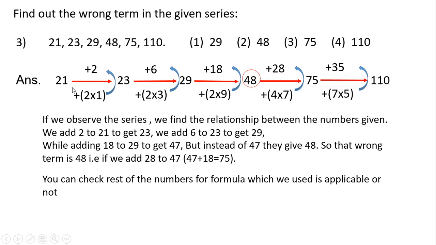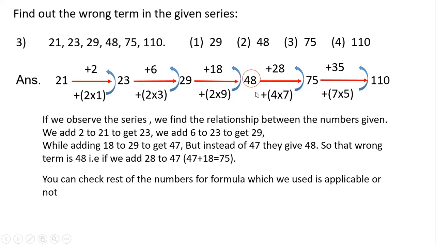And now, how do these 2, 6 and 18 come? This 2 comes from 2 ones are 2. This 6 comes from 2 3s are 6. This 18 comes from 9 2s are 18. Here, it should be 47, but they give us 48. So our wrong term is 48. That comes on option number 2.